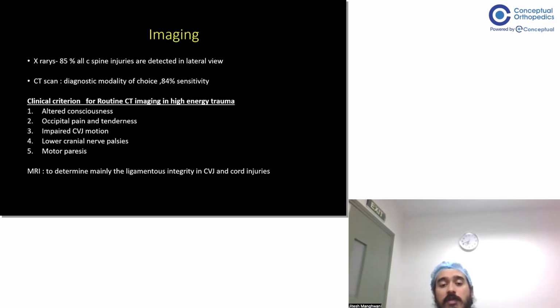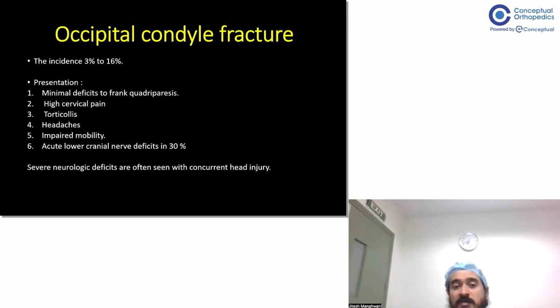However, when we talk about the craniovertebral junction, instead of the MRI, it is actually the CT, which helps us to make a decision and also helps us to understand the fracture anatomy and the exact extent of the fracture in detail. MRI, however, definitely will help in understanding whether the cord is injured or not. And the ligamentous structures, which are soft tissue structures, won't be seen on the CT, and hence MRI would be indicated in such cases.